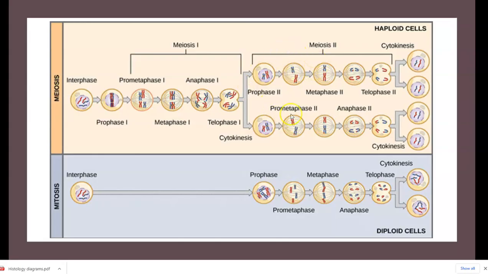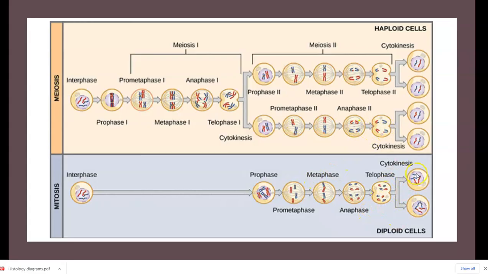So then we end up with meiosis 2, and we have these 2 cells that start off in meiosis 2. Now, the divisions that take place in meiosis 2 are identical to what happens in mitosis. So you have the sister chromatids lining up on the equator of the cell. Sister chromatids are going to be pulled apart.